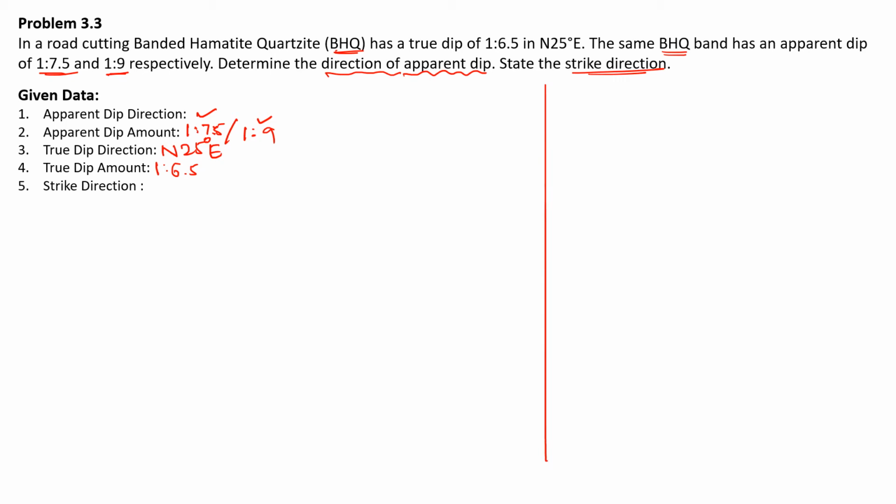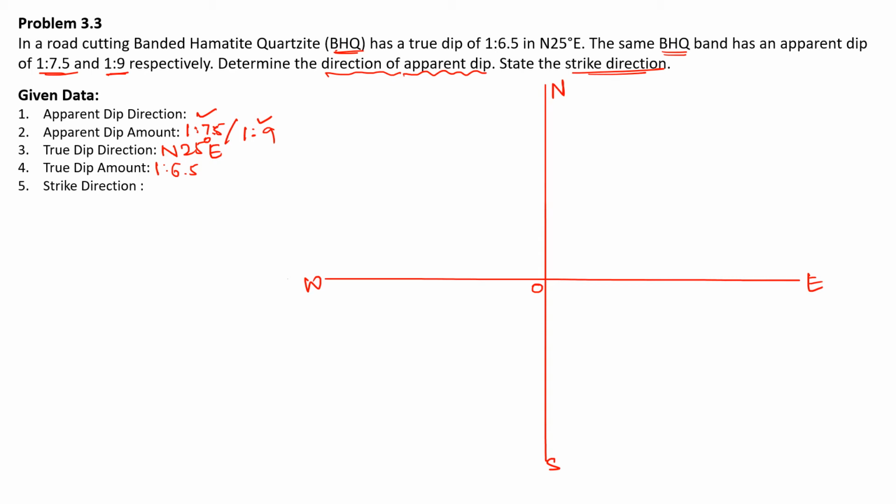North 25 east it is, right? First let me write down north, south, east and west, and the center point as point O. Now I need to plot north 25 east.